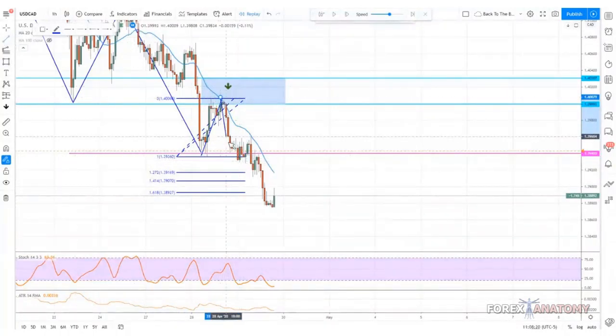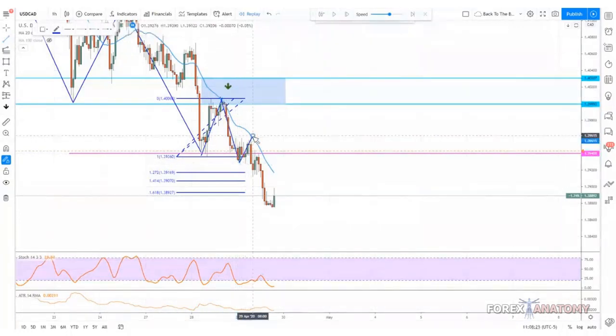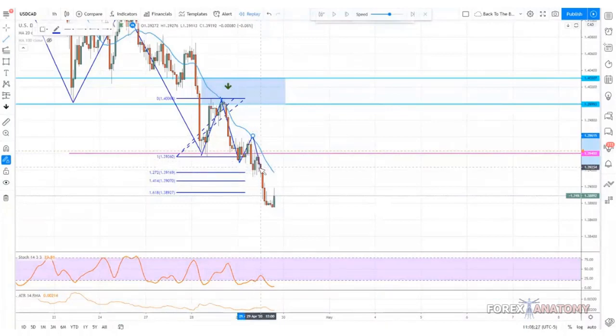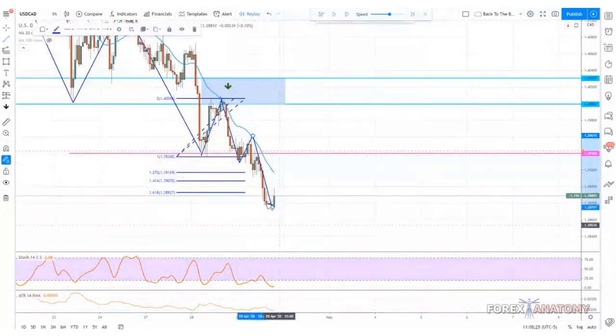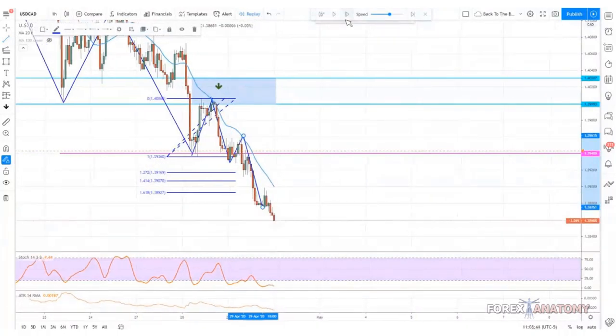I'm going to draw this right here, and then this correction, and then we got one right here, but then we saw price push down. I'm not going to pay too much attention to this, even though you can if you want. Let's just move forward. Remember, we're still looking for a selling opportunity. Our next sell will be somewhere around this zone and area right here. So let's see if that is the case.